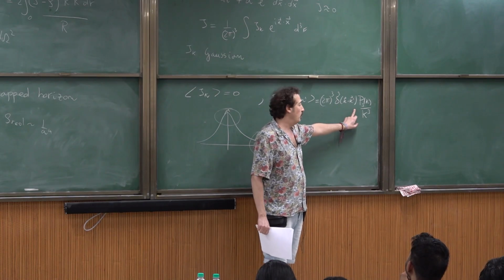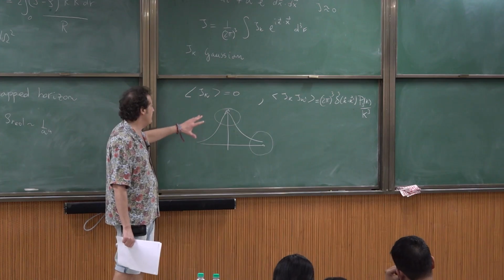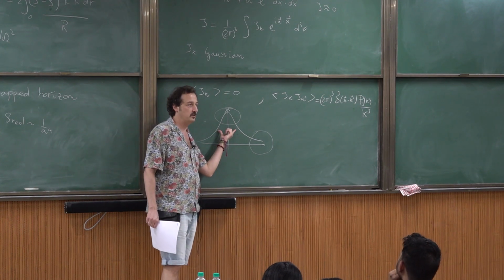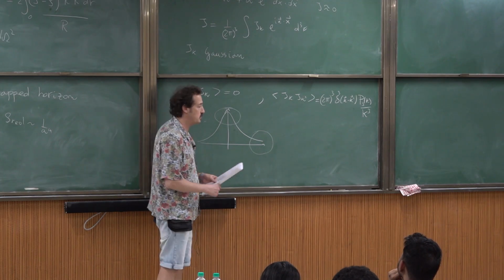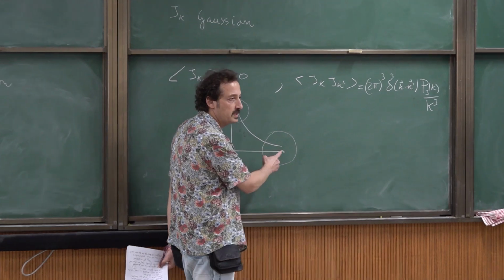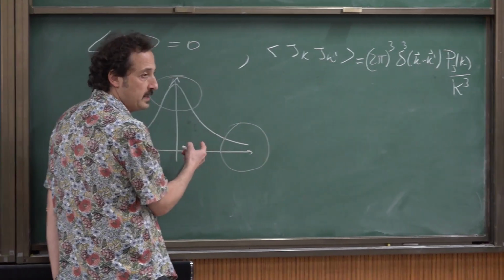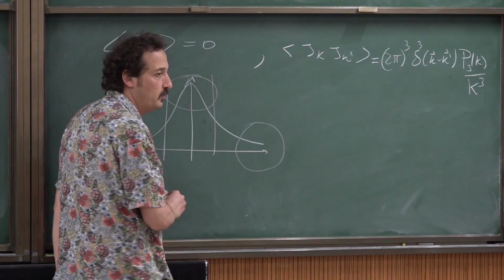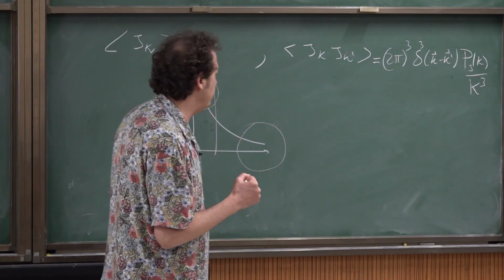So what we need is the variance. The variance is dominated by linear perturbation theory, because anything else is exponentially suppressed. To calculate the variance, I should integrate from minus infinity to plus infinity, but because this is exponentially suppressed, it's enough to calculate up to the value of the variance. Why am I pointing this out?